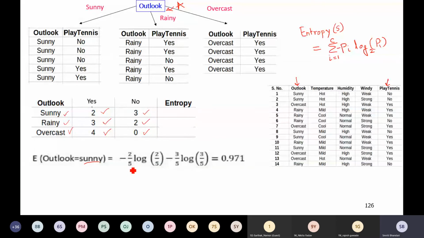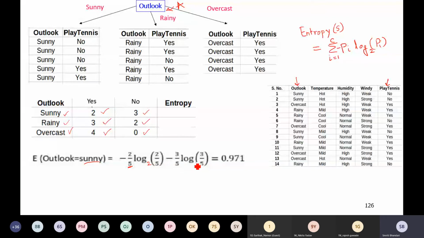For sunny, we have a total of 5 samples. Out of these 5, 2 belong to class yes. So minus 2 divided by 5 log of 2 divided by 5, minus 3 divided by 5 log of 3 divided by 5.